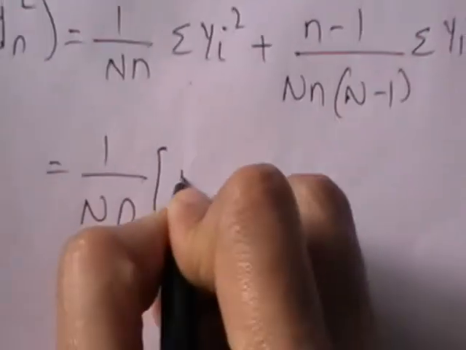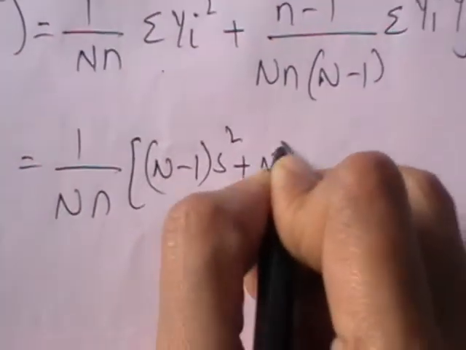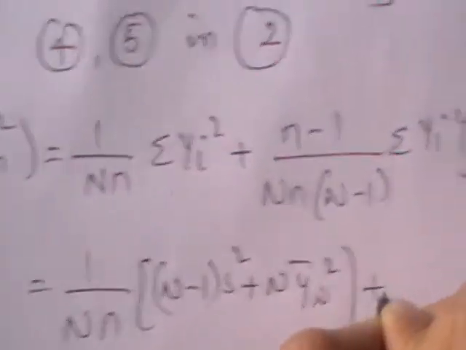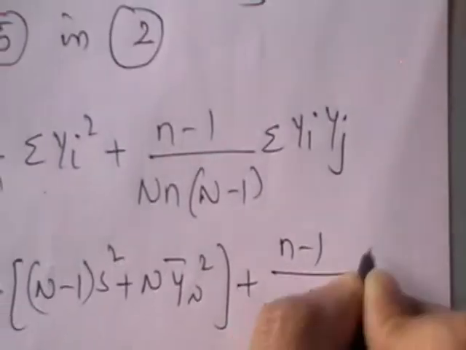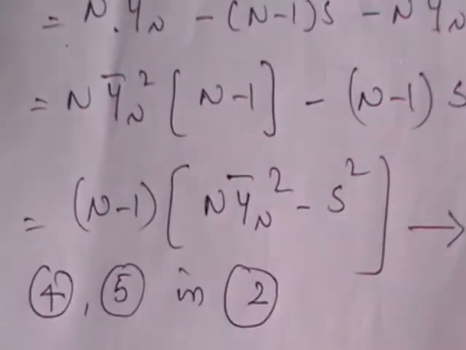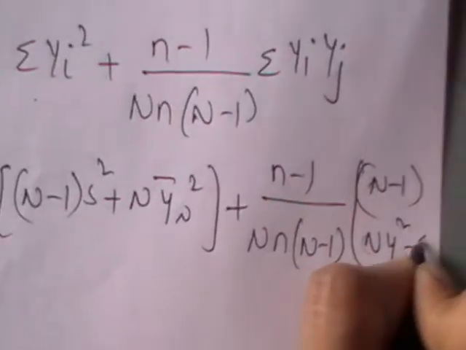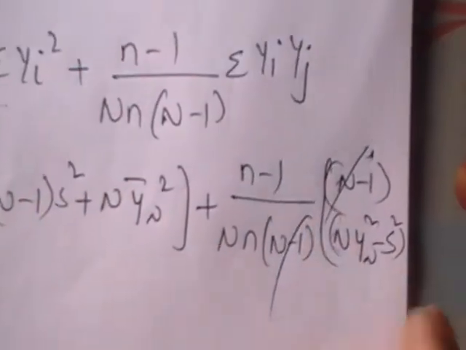N minus 1 into s square plus n into y bar n square plus n minus 1 by nn into, what is sigma yi yj? Just now we have calculated n minus 1 into this one, n y bar n square minus s square. So these two will get cancelled. Okay. Let us rewrite and let us simplify this to get the final expression.